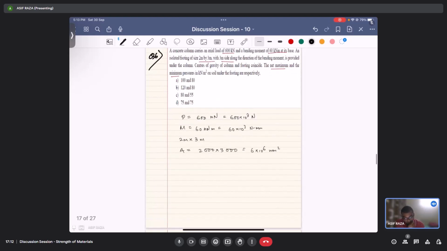Now we need to find, what will happen is there are stresses due to this direct load or axial load.